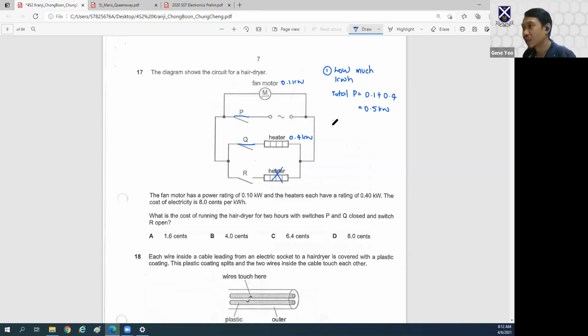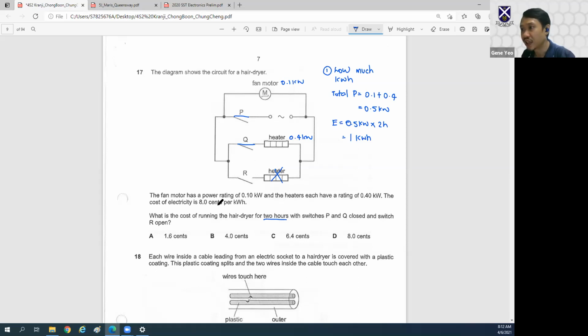So now we need to calculate the energy in terms of kilowatt hour. So 0.5 kilowatts times the total hours. Let's take a look. Is running for 2 hours. Okay, so I need to multiply this by 2 hours, and it gives me 1 kilowatt hour.